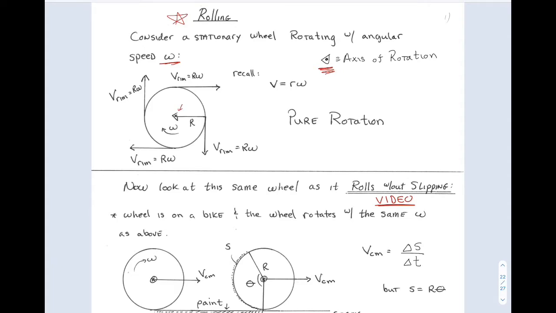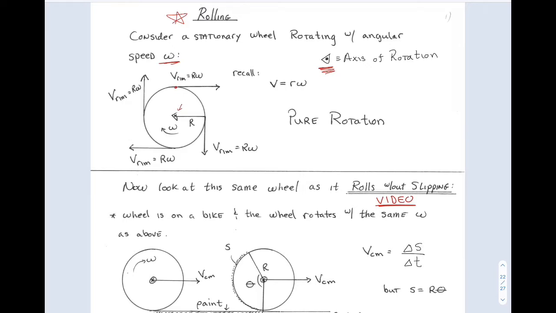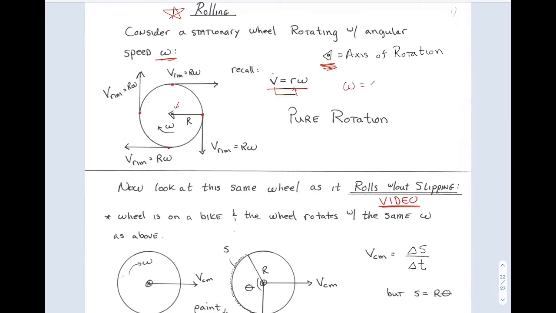So I just drew the velocity at different points of the rim. The top of the rim is headed to the right, that part's headed down, that's headed to the left, and that part of the rim is headed up. Now we know previously that the linear speed of any part depends on how far you're out from the axis of rotation. So v is r omega. Remember, every part of the wheel has the same omega, because omega is delta theta per time.